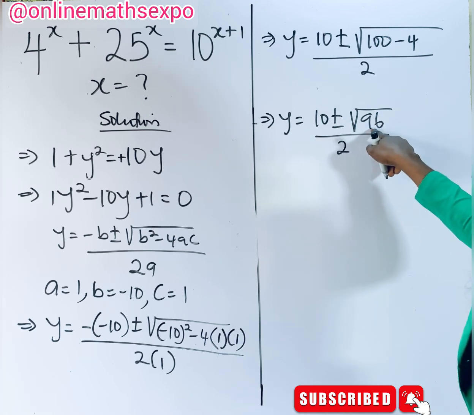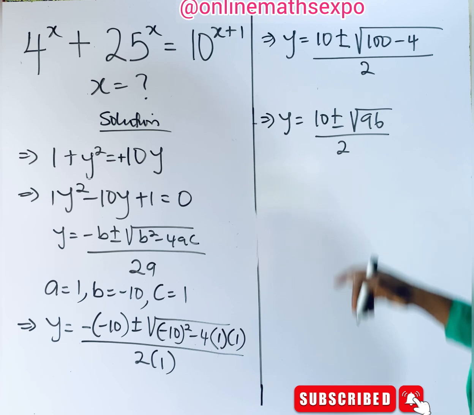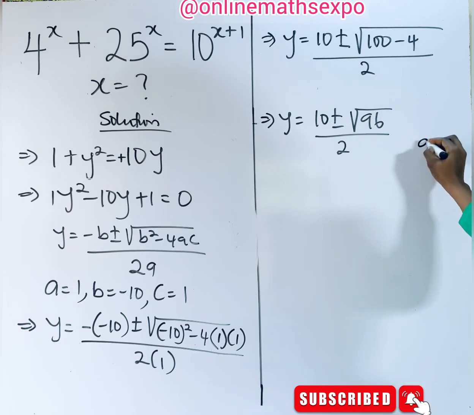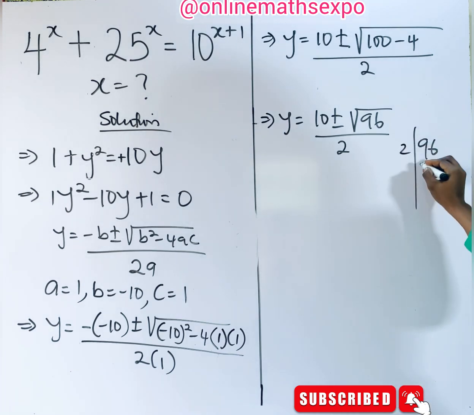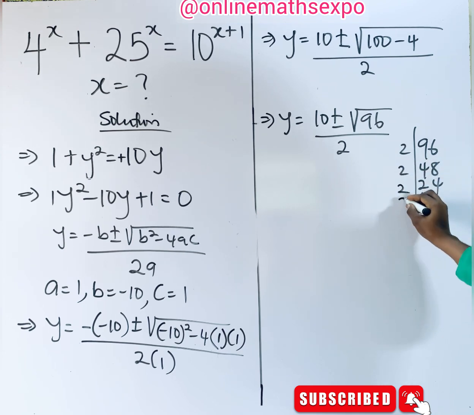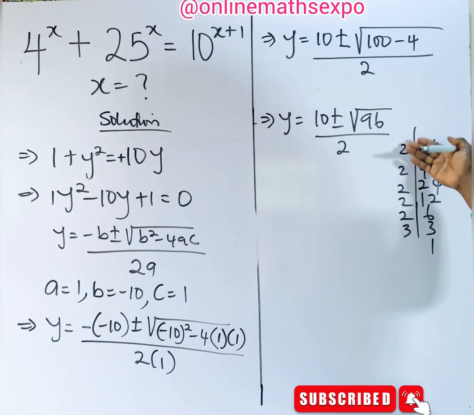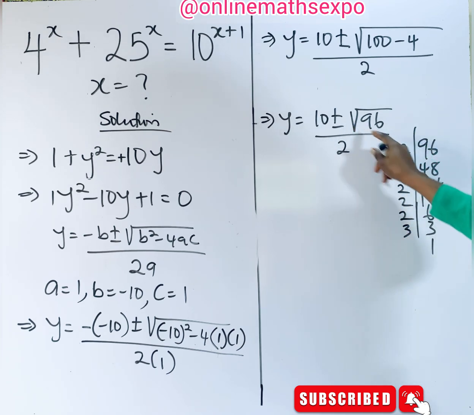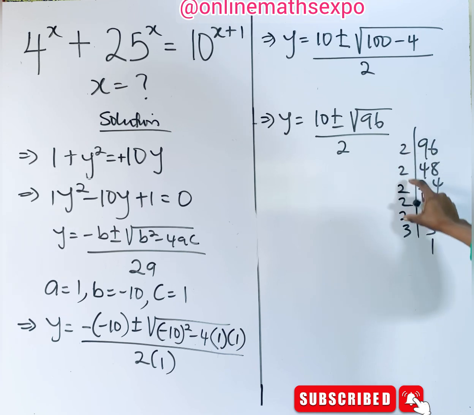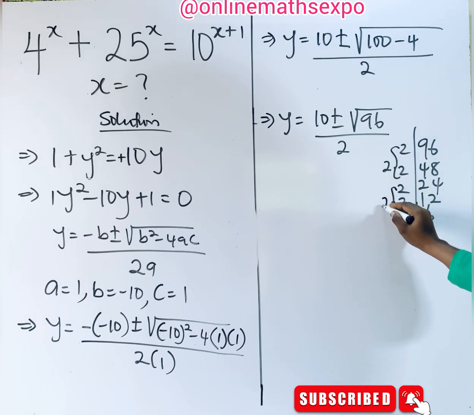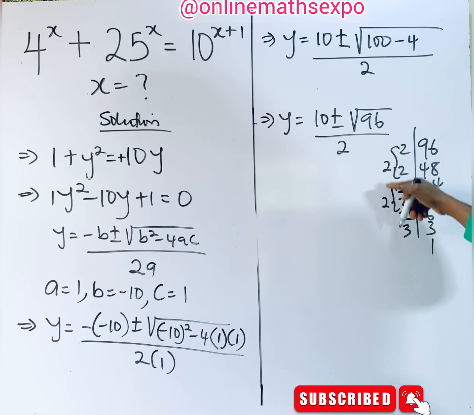Now you observe carefully that 96 has a perfect square in it. You can quickly do it this way. 2 goes into 96, we have 48, 2 here is 24, 2 is 12, 2 is 6, 2 is 3, and 3 goes 1. So let's gather it. Because it's a square root, pair it. Those ones you can pair. So if you pair this, you take 1, pair this, you take 1. You can't pair this. Now these ones you paired, multiply their results.